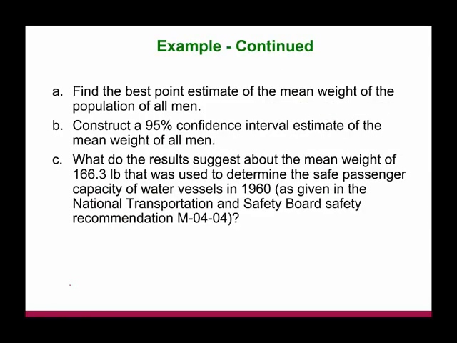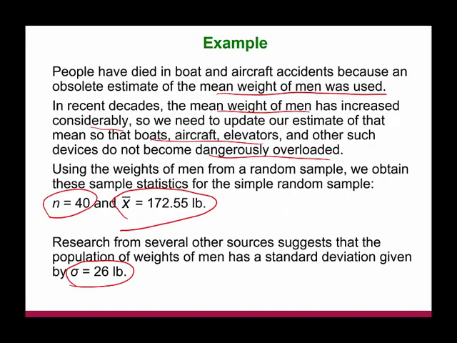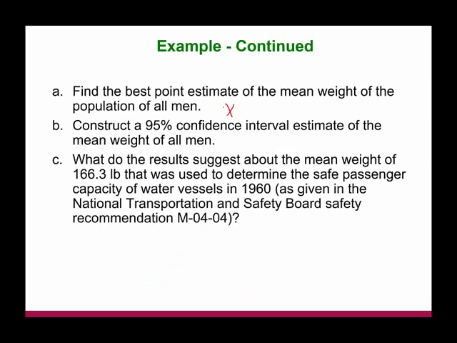Now, first of all, find the best point estimate of the mean weight of the population of men. The sample mean 172.55 is the best point estimate of a population mean, since the sample is a simple random sample. Then the second step: construct a 95% confidence interval estimate of the mean weight of all men.